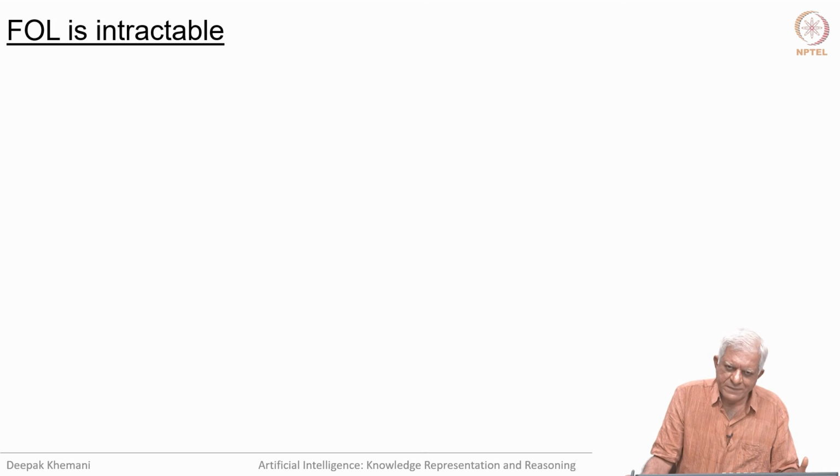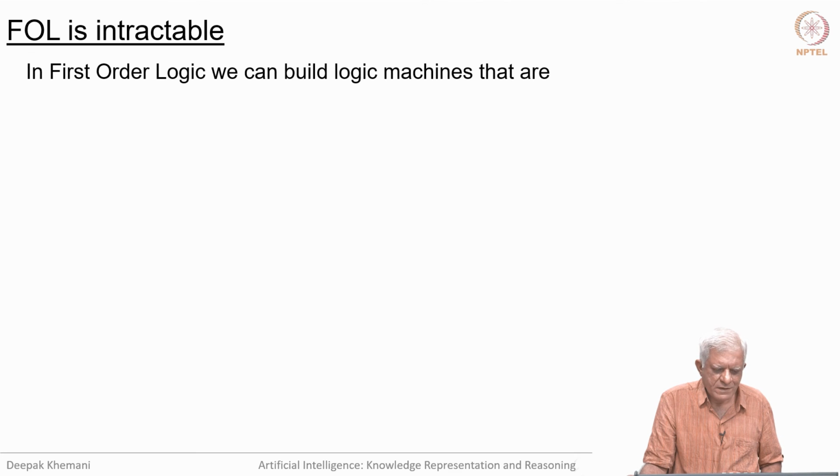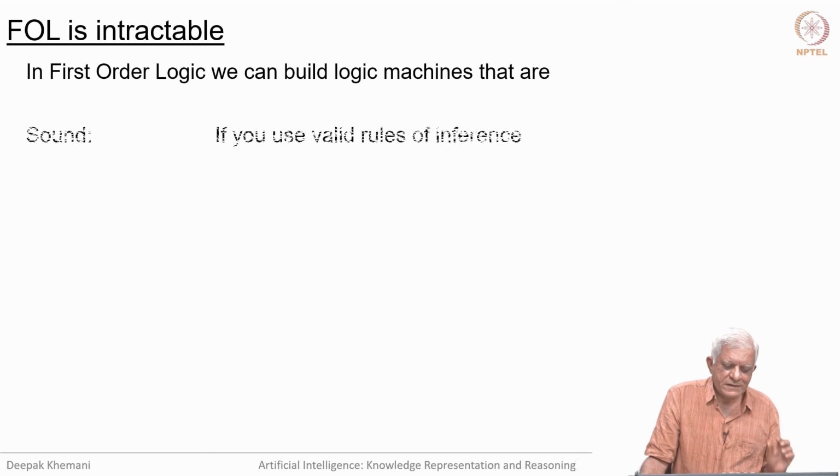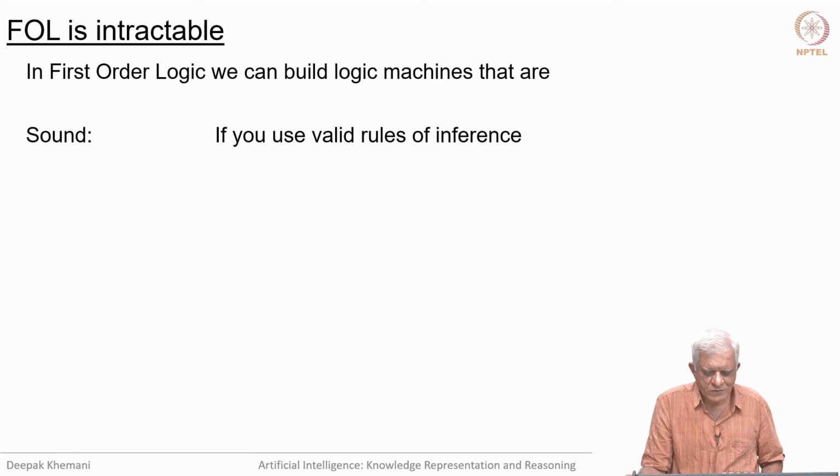But let us get back to FOL, which, as I have been saying, is going to be the main part of our course. In first order logic, we can build logic machines that are sound, provided you use valid rules of inference, and we have seen how to define valid rules of inference.